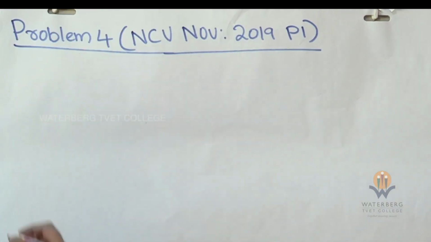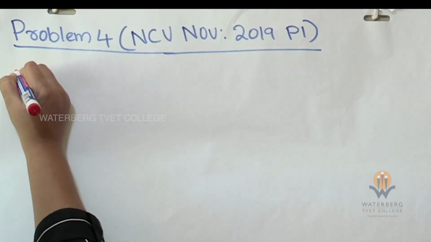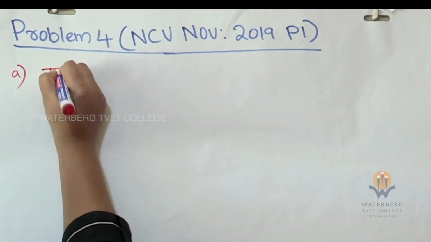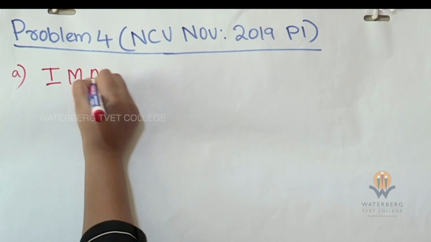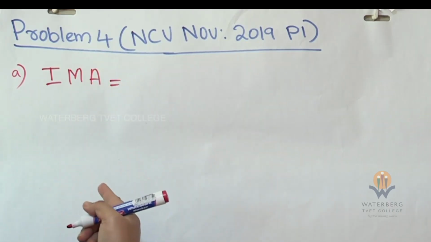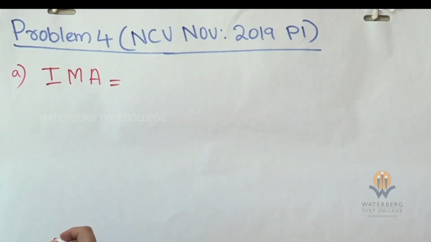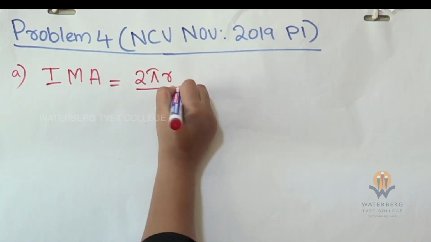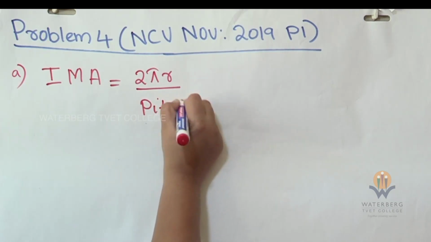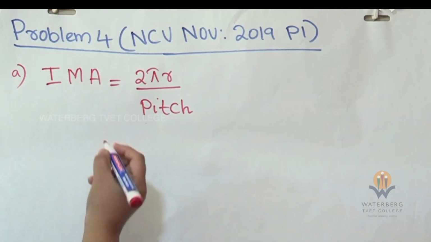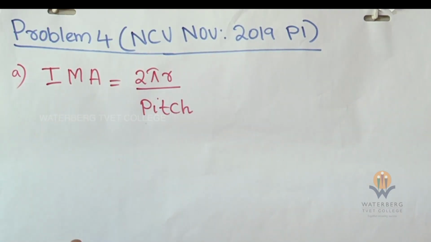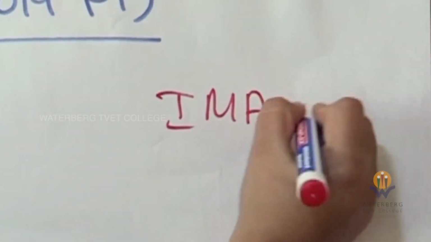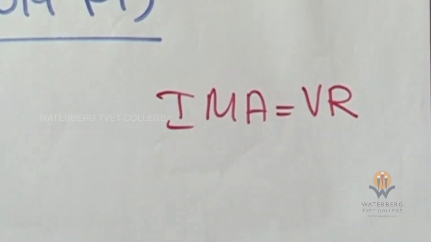Let's look at our first question, which needs us to calculate the ideal mechanical advantage. It's about a screw. Ideal mechanical advantage equals 2 pi r over pitch. In some questions, they can also ask for velocity ratio. Ideal mechanical advantage is the same as velocity ratio, so don't get confused.